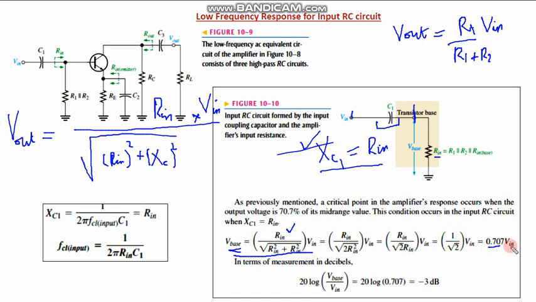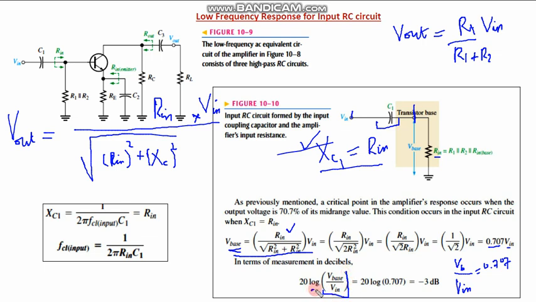Now I take V in to the other side of the equation, so I have V base divided by V in equal to 0.707, which is given by this part.